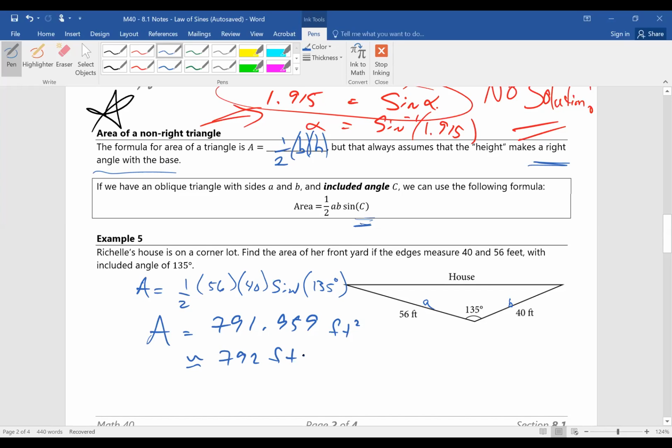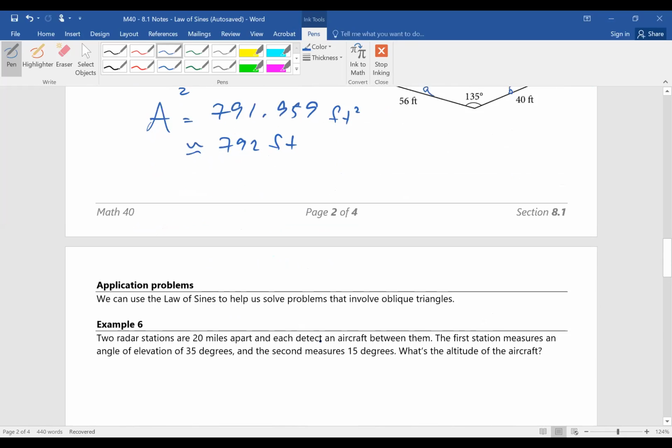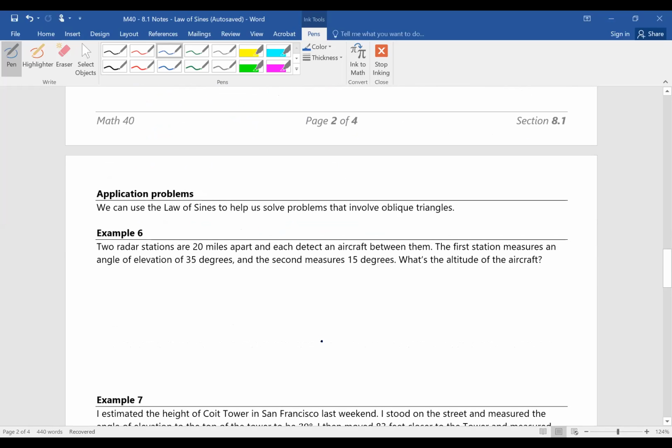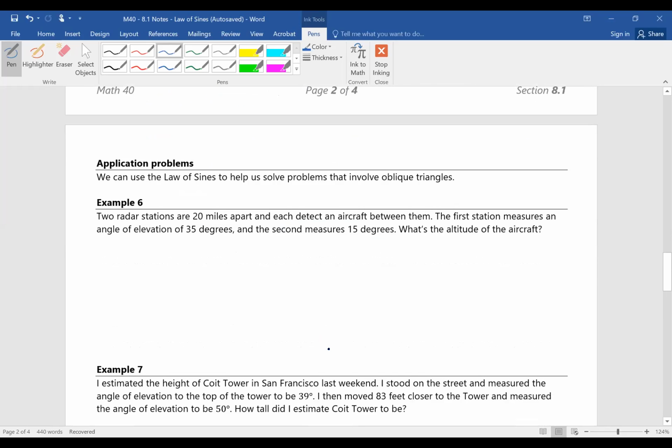Cool, yeah? So now we're going to start talking about some actual applications where we can use these triangles to help us out a little bit, especially using what's called the law of sines. Now, the law of sines, remember, requires that you know 3 out of the 4 things.